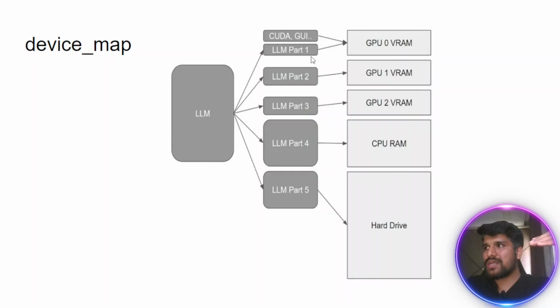As you can see on the screen, we divide the model into 5 parts and allocate each part to GPU 0 VRAM, GPU 1 VRAM, GPU 2 VRAM, CPU RAM, and hard drive, so that this LLM can load into memory.